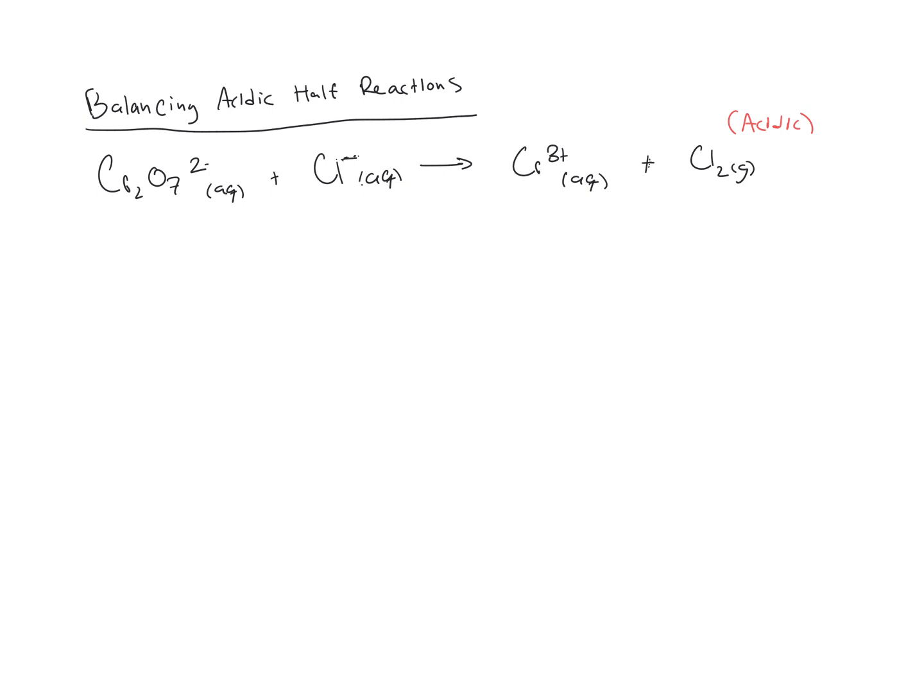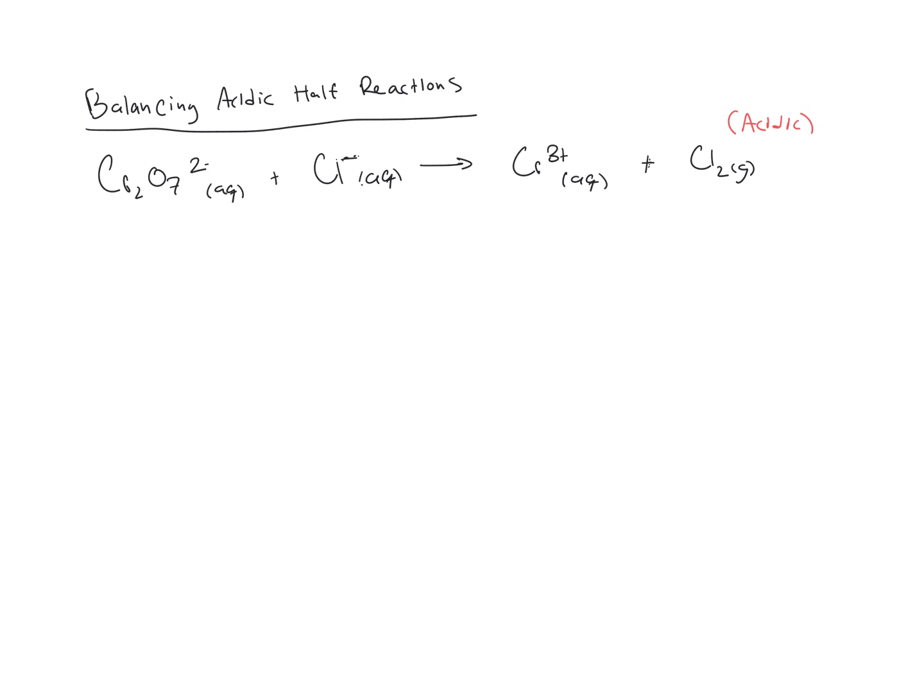A variation of balancing half reactions is balancing half reactions in acidic conditions, which we might see in the future, and is a little bit more complex, but I think it's interesting for us to talk about and learn. In this reaction, we have dichromate anions, Cr2O7 2-, reacting with chloride ions, Cl-, to form chromium 3+ and chlorine gas. In a reaction like this, we can still split up our half reactions.